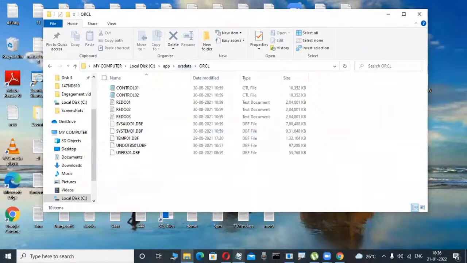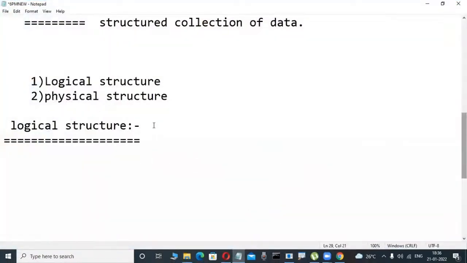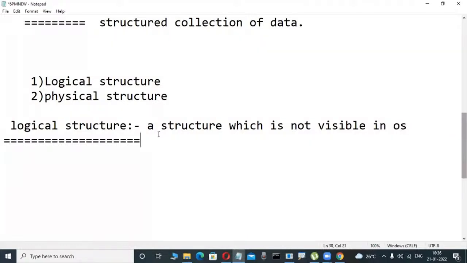Don't write it: a structure which is not visible in the operating system is called the logical structure of the database.